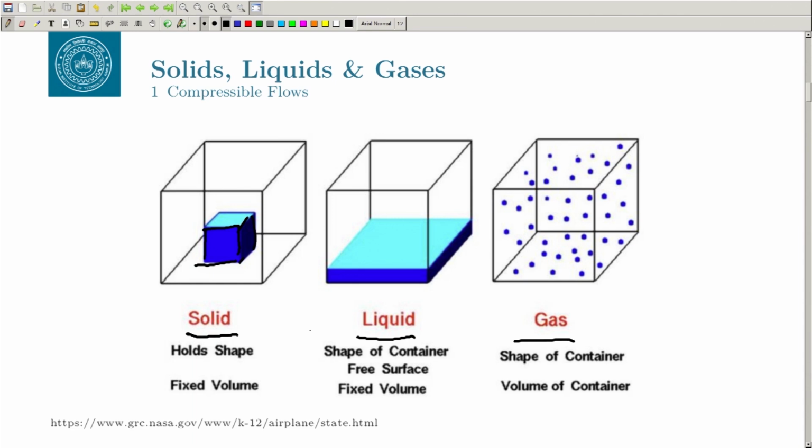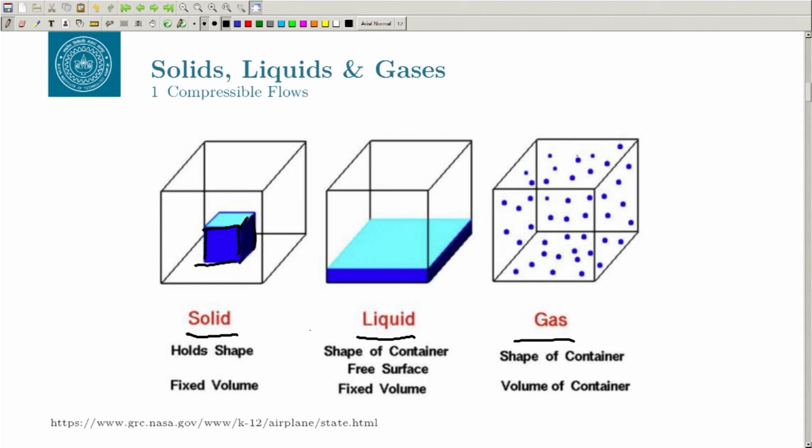The water will quickly take the shape of the container, and the other property is that it will have a free surface, and it will still have a fixed volume, because depending on how many liters of liquid you put, it will maintain the same volume.